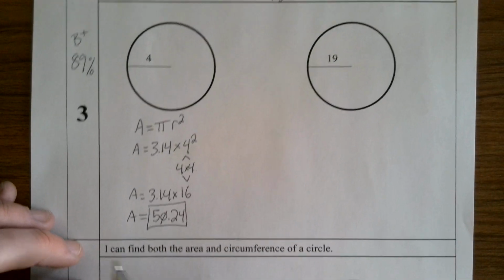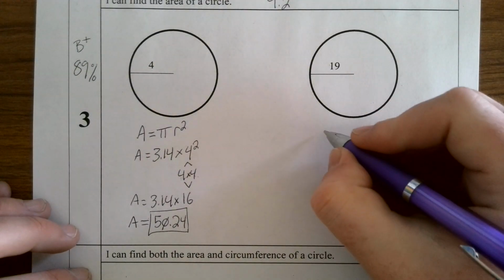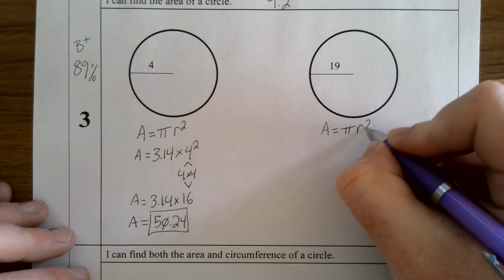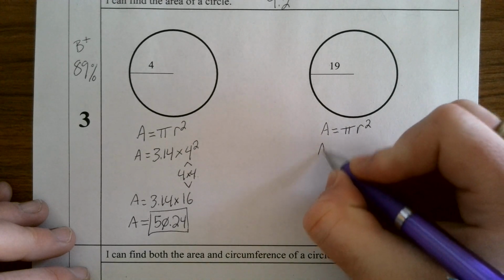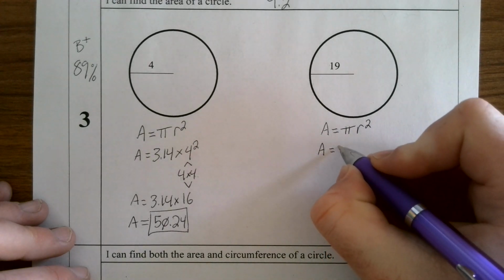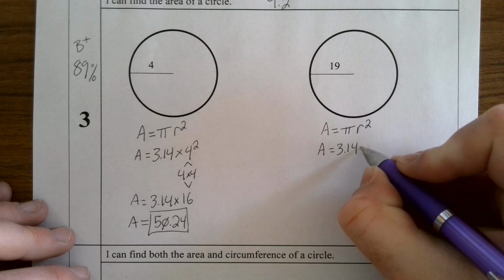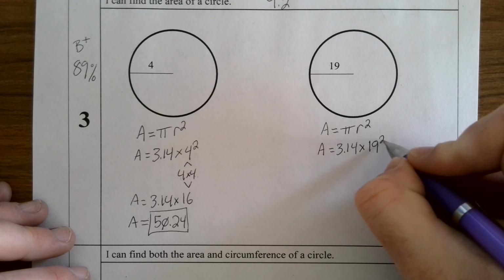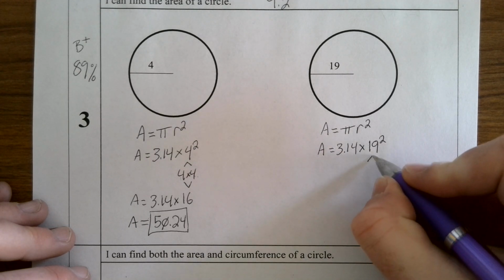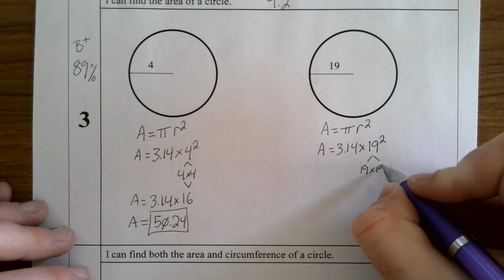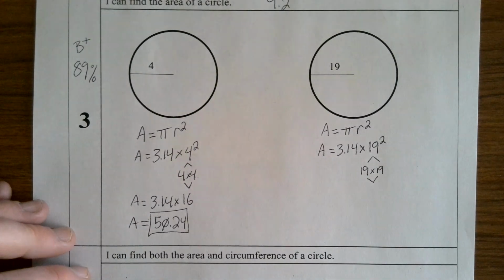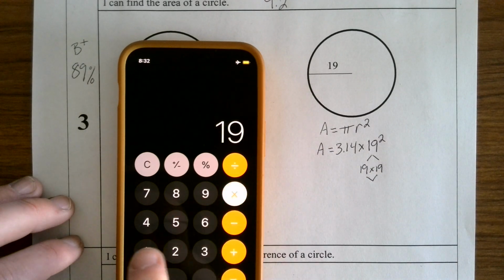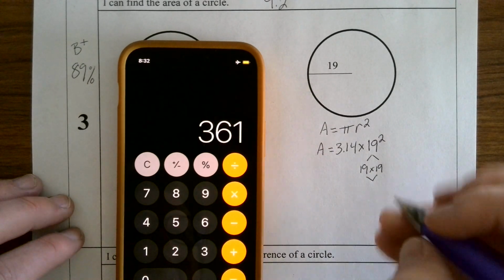All right, let's look at our last area one here. Same formula. Area is equal to pi times the radius squared. 3.14 is pi. Our radius in this case is 19, so we're going to square 19. 19 squared is 19 times 19. I don't know what that is off the top of my head, so calculator it is. 19 times 19 equals 361.